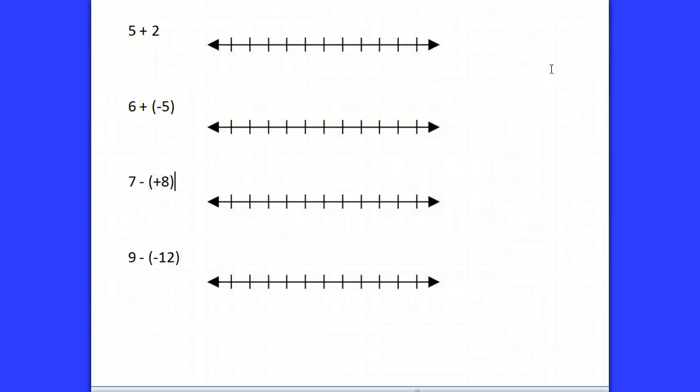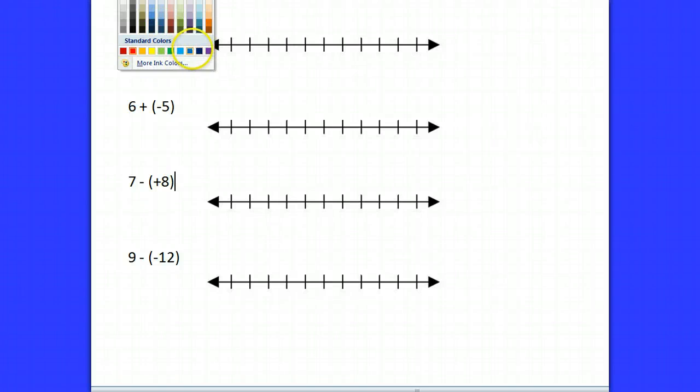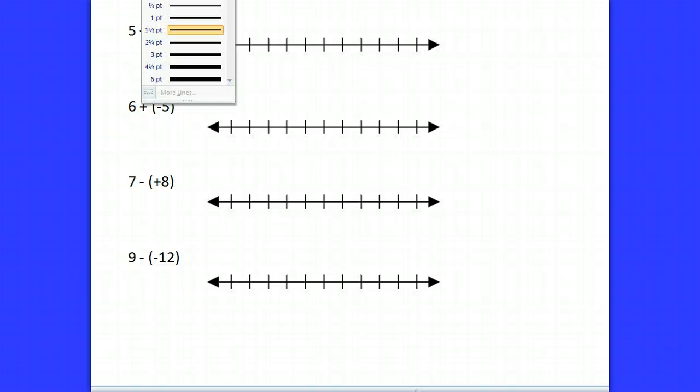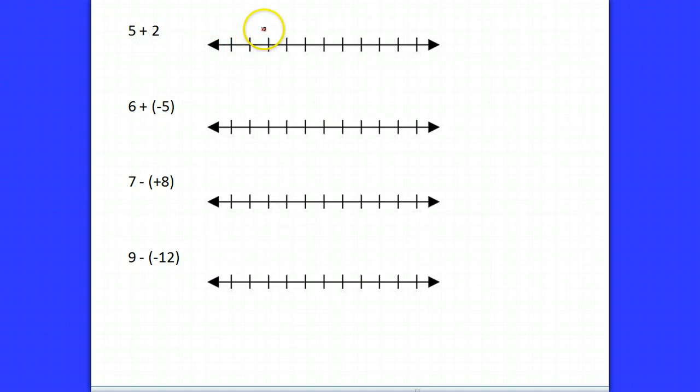I also wanted to take a look at the kind of problems we've been working on, and present the information in a slightly different way. I like to look at math from different standpoints because we all think a little differently. Some problems are really straightforward. If I start at 5 on the number line and add 2, I move to the right 2 places and end up at 7.